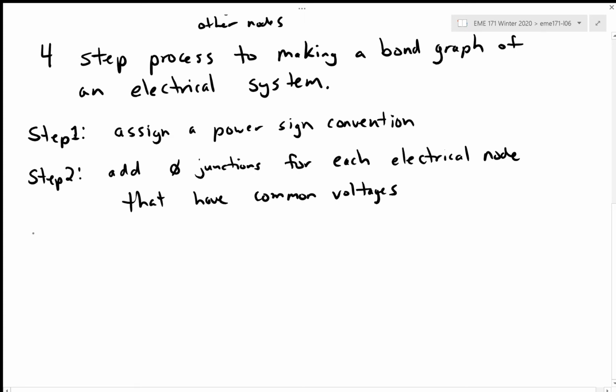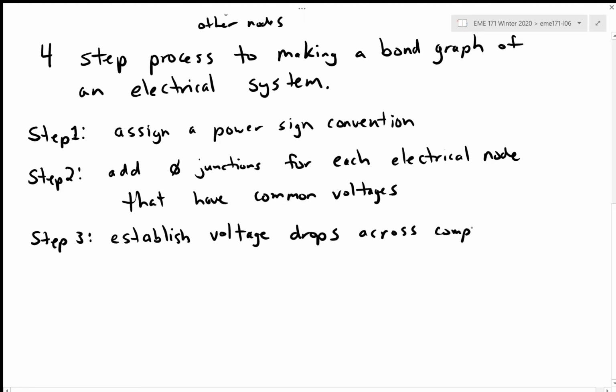All right, so now we have our 0 junctions. Step 3 is we will establish voltage drops across components using 1 junctions.